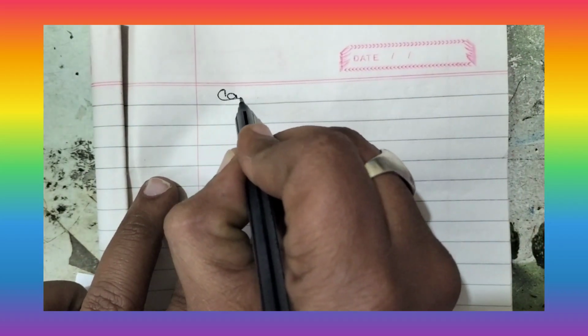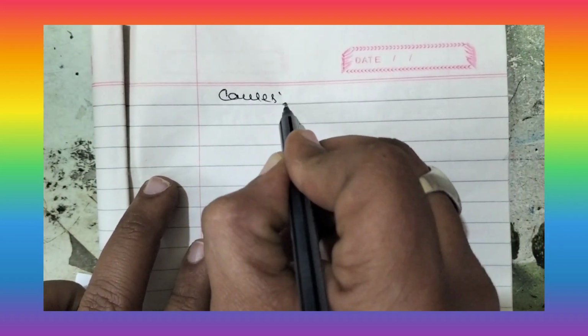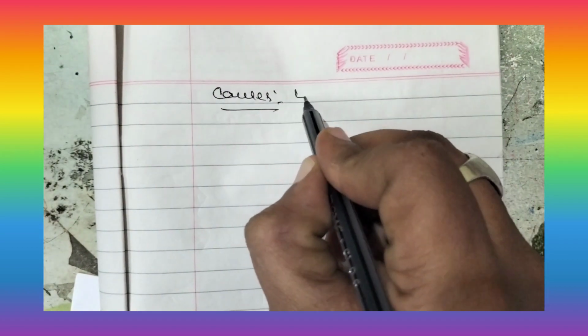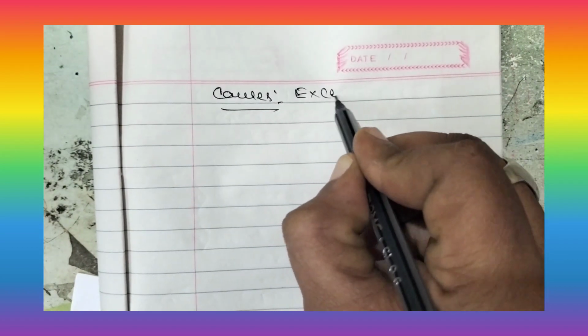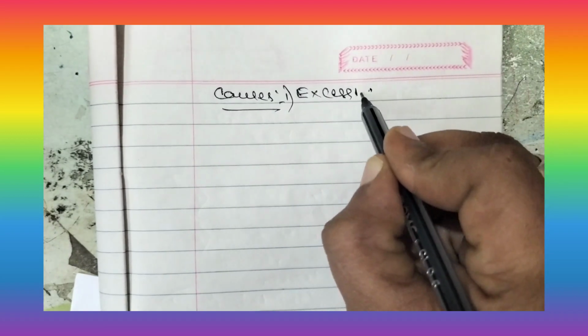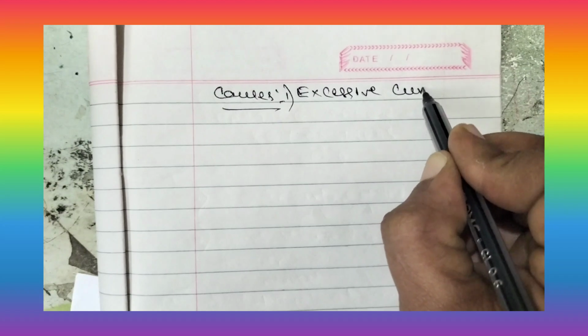So causes for myopia. Let us write what are the causes for myopia. So myopia is caused due to, the first reason, excessive curvature of the lens.